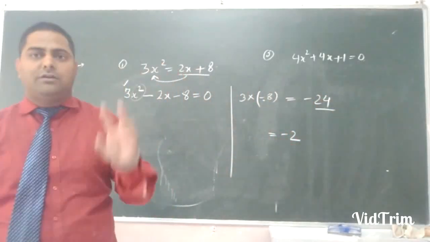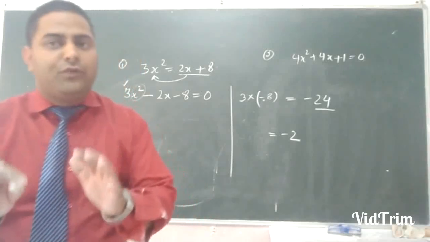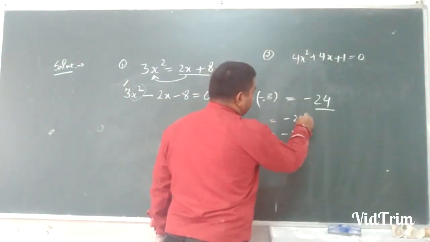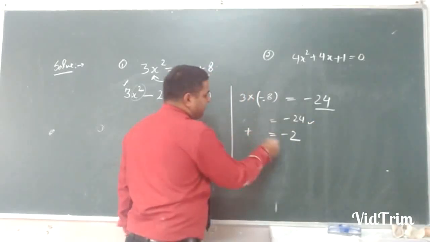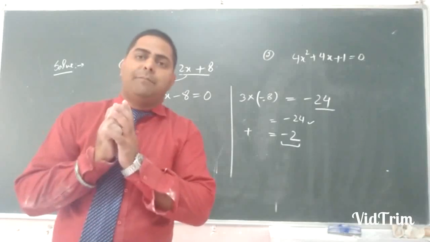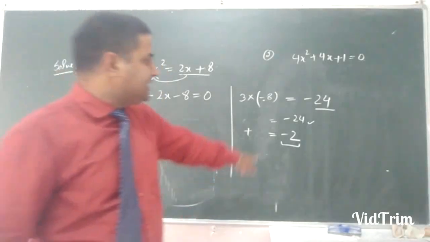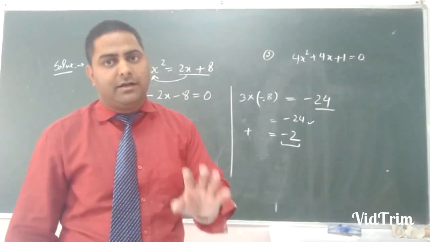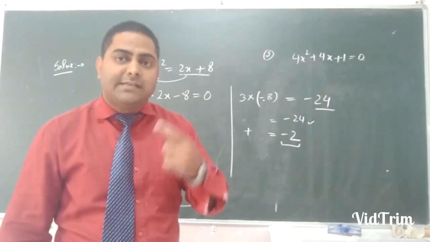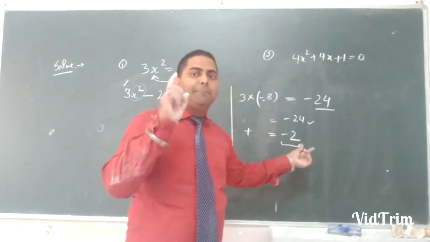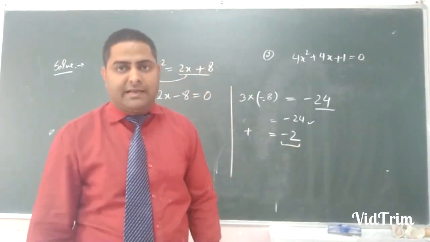We have to find two numbers which when multiplied we get minus 24, and when we add them, answer is minus 2. Again, the product of two numbers is negative, indicates that one of the numbers should be negative. And if you see the sum, it is coming minus 2. It means the bigger number should be negative.